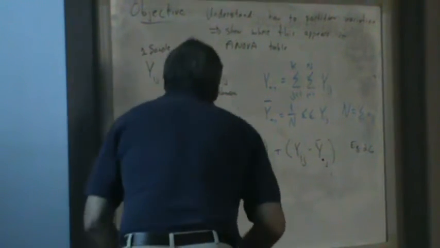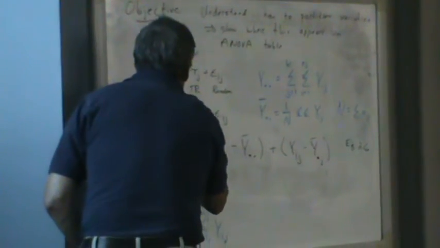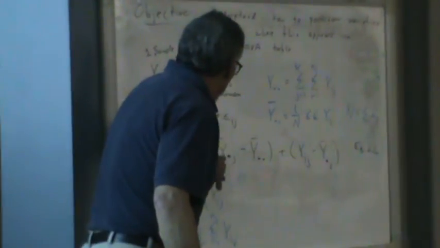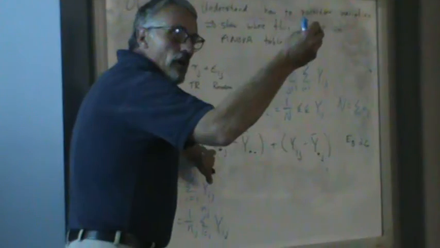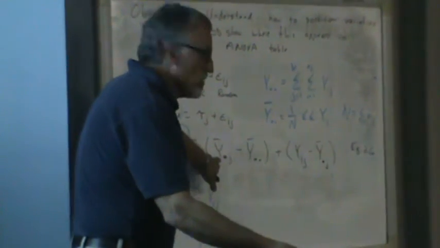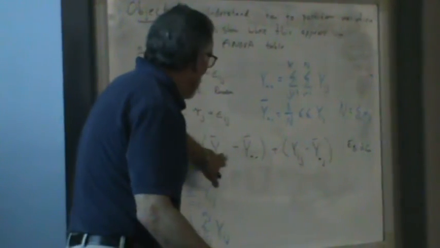So in words, what are they? This one is the big mean, the grand mean, the mean of all of the data points in the whole table. This one is the mean of just the ones in one column, just the ones in the jth treatment.